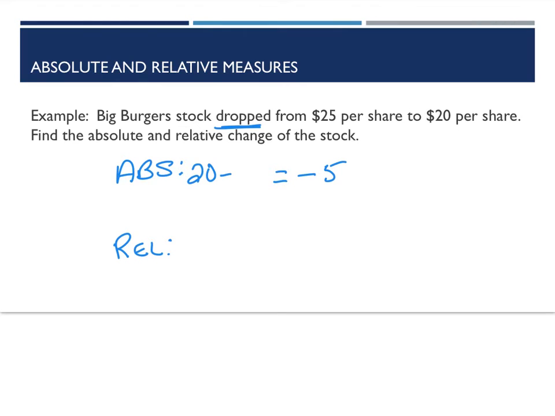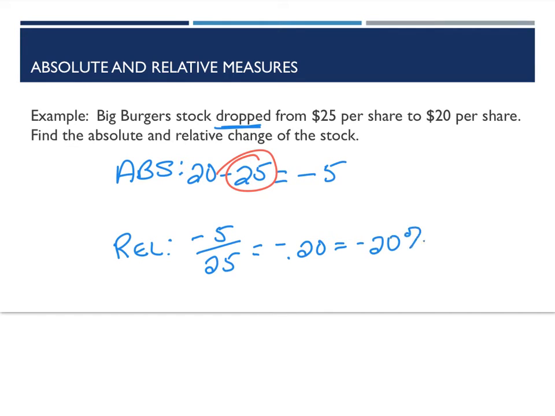My small number would have to come first, and my big number would have to be second. That indicates that 25 is now my reference value. So when I find the relative change, negative 5 divided by 25 is the division I'm going to do. Negative 5 divided by 25 is negative 0.2 or 0.20, which gives me a negative 20%.